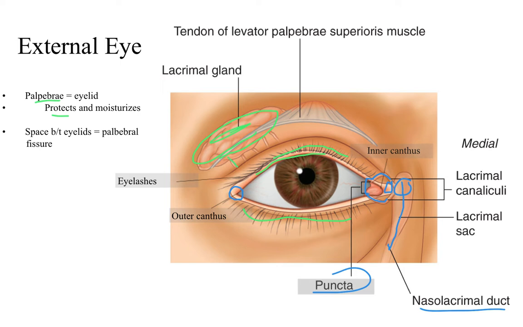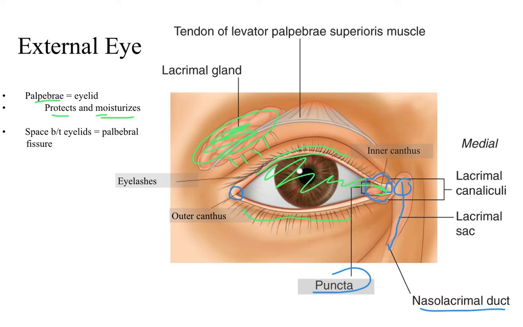So you see all of these little ducts through which tears are going to go into the eye, and as we blink, we take that fluid and spread it across the eye, and then of course it gets drained into the lacrimal apparatus. The other function, in conjunction with the lacrimal gland, is for the palpebrae or the eyelids to moisturize the eye.